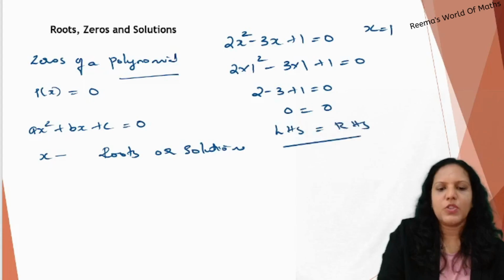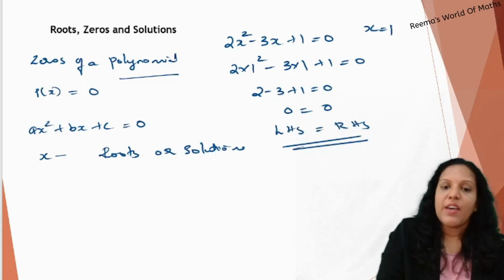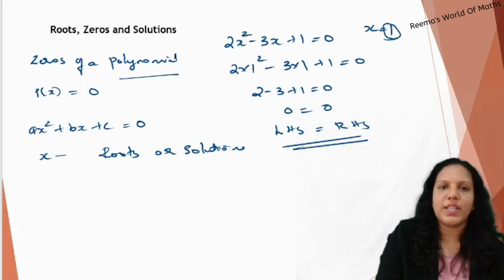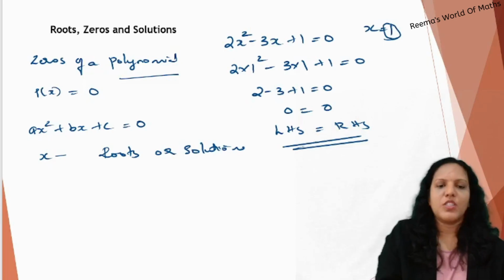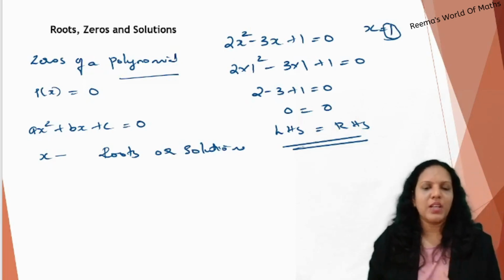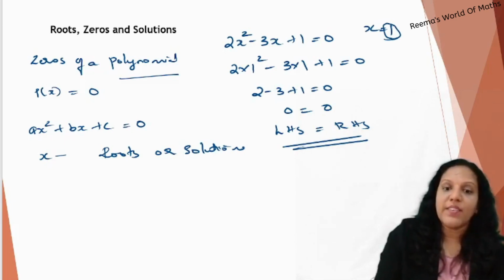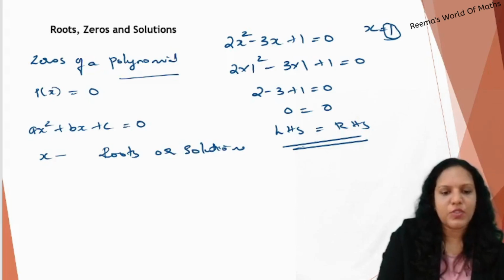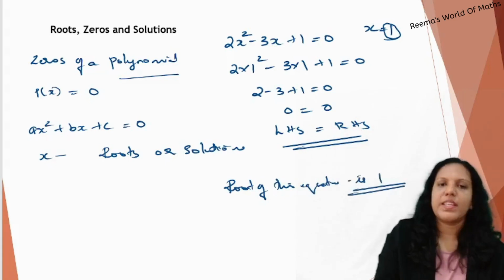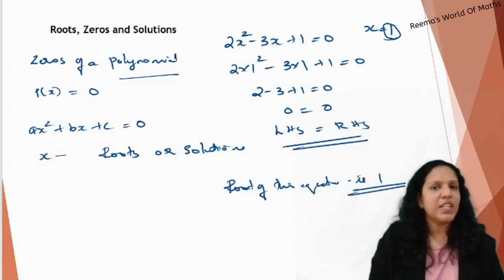So 1 is the root, or solution, of this quadratic equation. When we replace x with 1, we got the equation equal to 0, so the root of this equation is 1. It can also be called a solution of the equation.